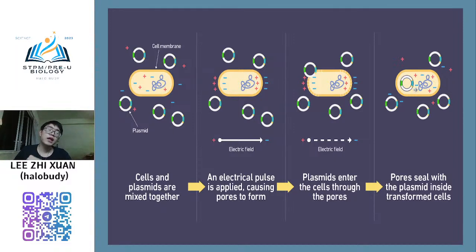So, we cannot guarantee that once we do all this process, the culture solution that we get totally contains recombinant plasmid. Can you say that totally inside your culture solution contains recombinant plasmid?